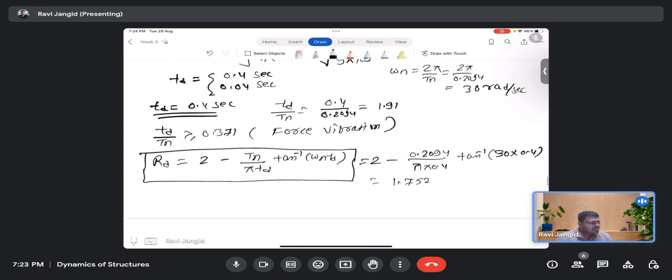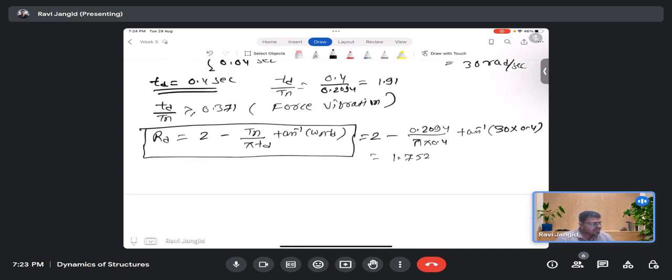Now you have RD, so you can get U naught equals P naught by K into RD. U naught is 5 mm, so that will be 5 into 10 raised to power minus 3. K is 9 into 10 raised to power 9, and RD is 1.752. Can you get me the P naught?